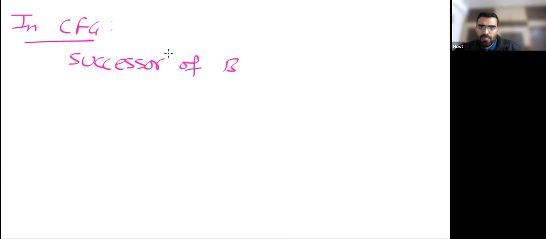In a control flow graph, what is the successor of a block? Can anyone tell me? Very simple. The successor of block B is the set of blocks such that any block B dash is a successor if you have an edge from B to B dash.